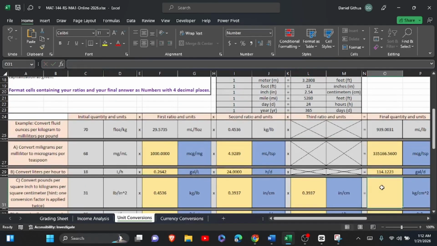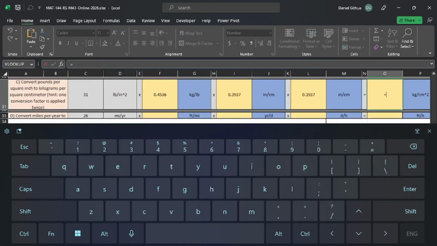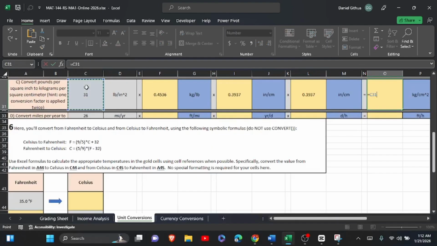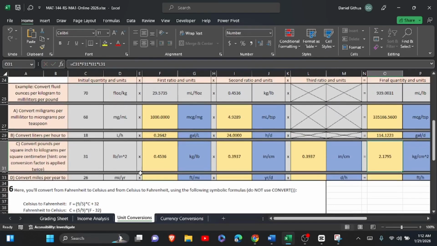So the final will be the multiplication of all the units that we have, 31 times 0.46, times this one, and also times this one, which gives us 2.179.